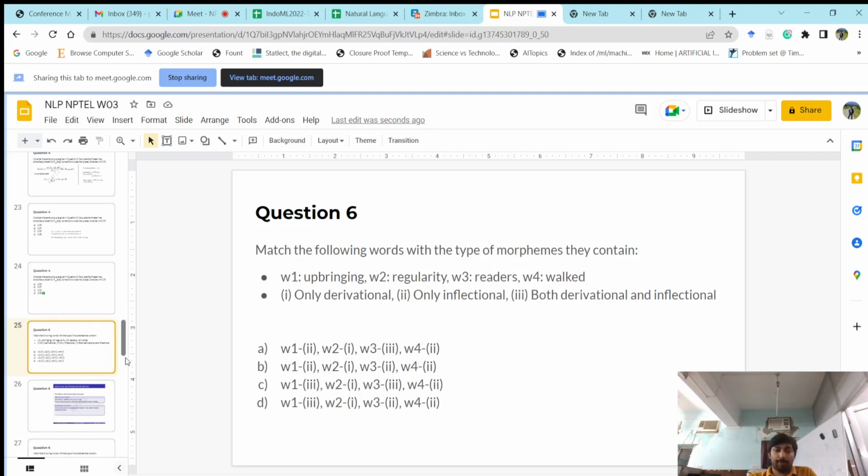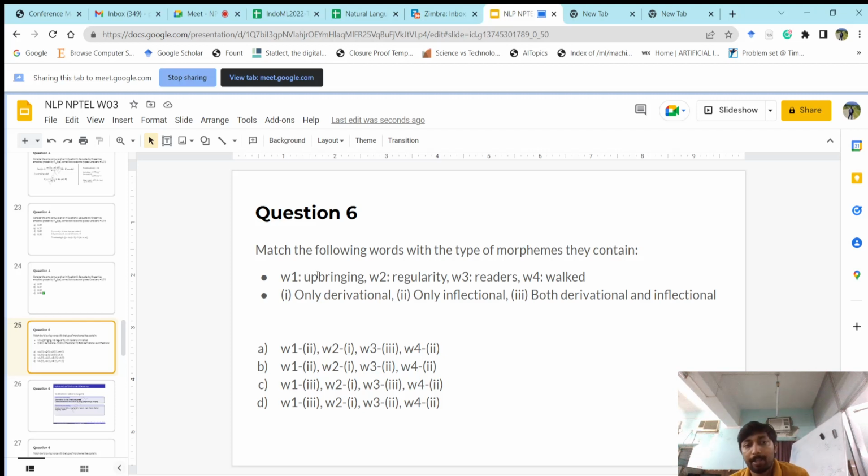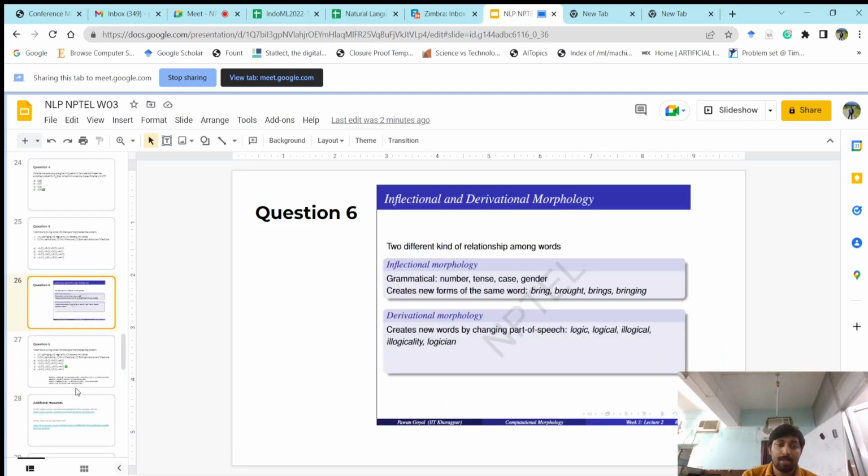Okay, let us move on to the final question. Match the following words with the type of morphemes they contain. There are 4 words, and we have to match each with only derivational, only inflectional, or two. So what are derivational morphemes? Those create new words by changing parts of speech.